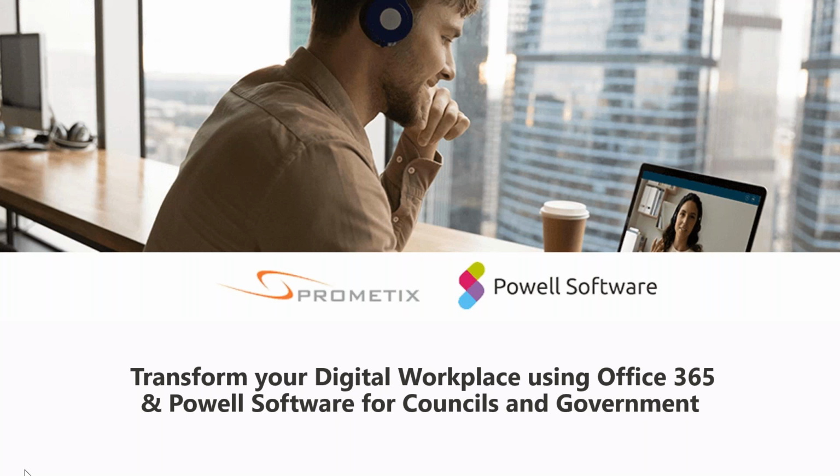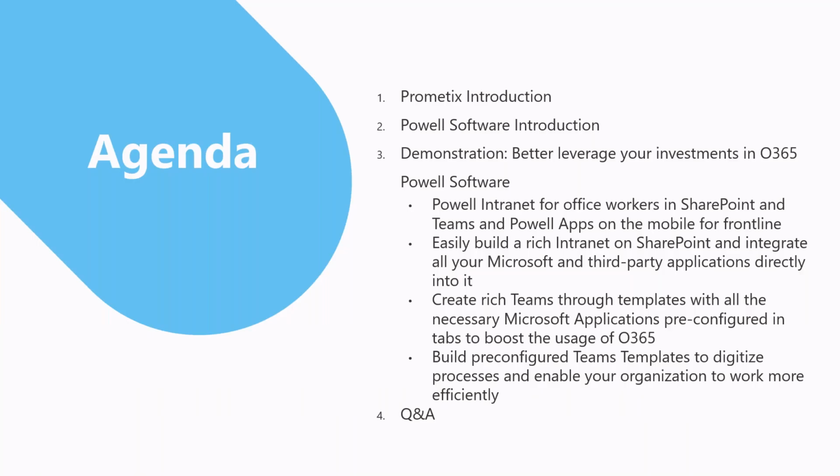Before we proceed, let's look at the agenda for today. I'm going to run through some introduction on what Promatics is and how we as an organization deliver successful projects. Then I'll hand over to Pierre to run through the Power Software introduction, what the software means to Office 365, and how that enhances the working style within Office 365.